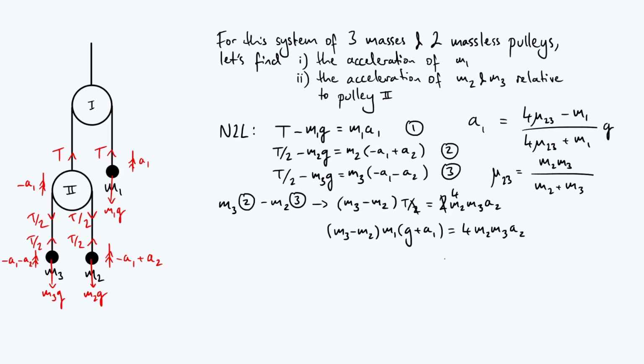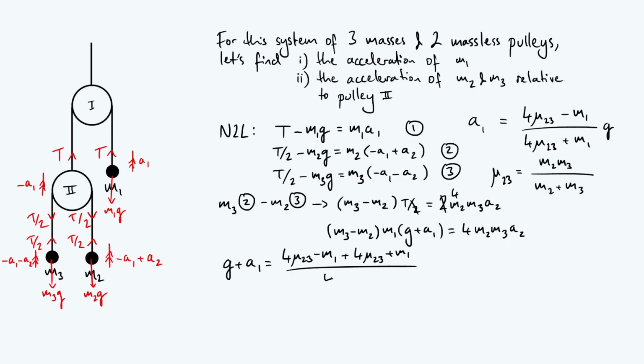The hardest bit to deal with in this expression is this quantity g plus a1, but we already have our expression for a1. It's this thing over here, and so let's see what happens when we do g plus a1. So that's essentially like adding 1 to the prefactor of g, adding 1 to that big fraction there. Adding 1 to a fraction is the same as adding the denominator to the numerator, right? And so we're going to get 4 mu23 minus m1, but then plus the denominator, plus 4 mu23 plus m1.